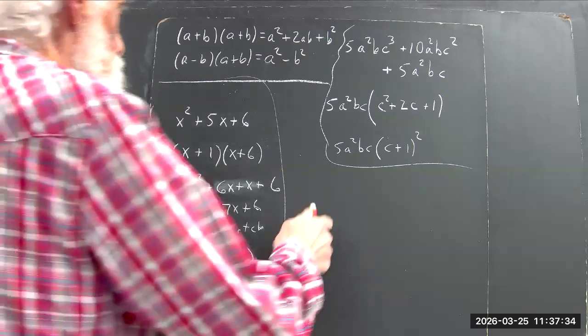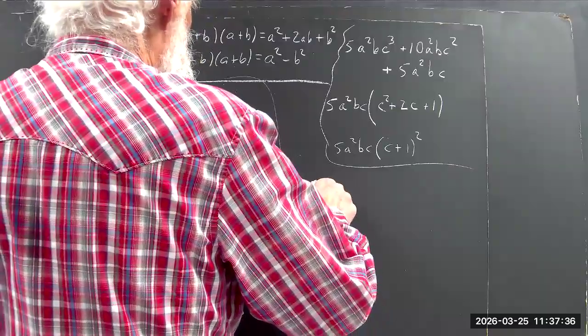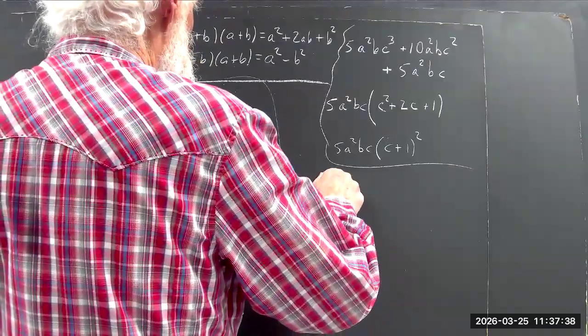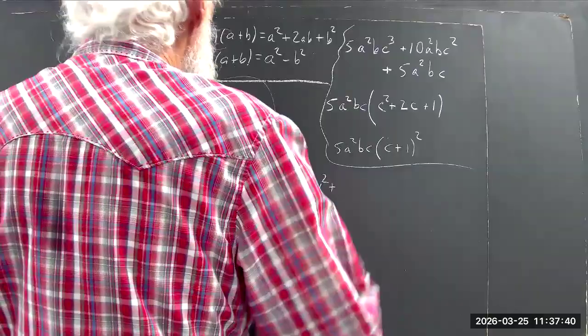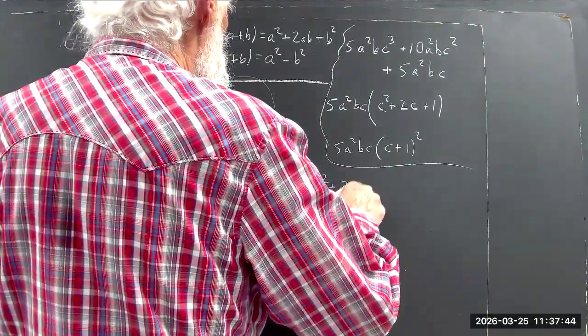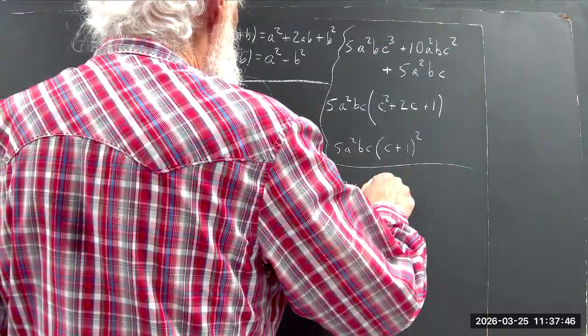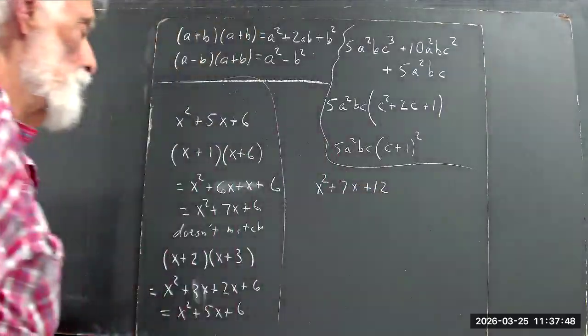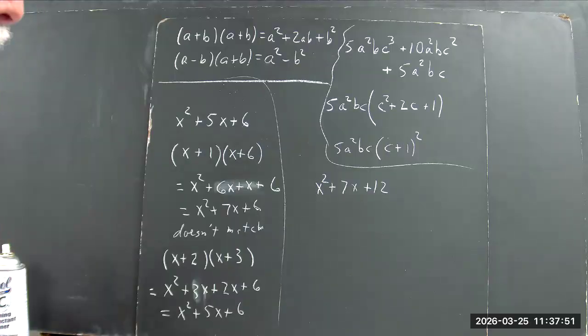Okay, let's try another one. Let's try x squared plus 7x plus 12.